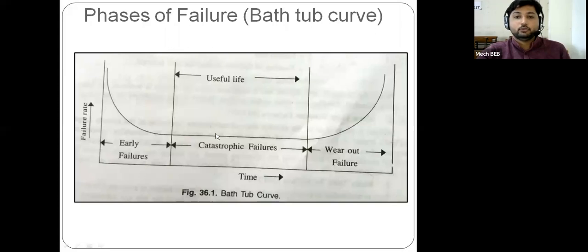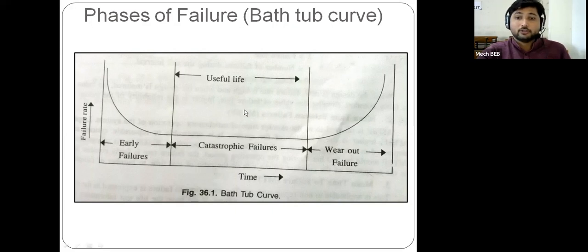During this useful life, the failure rate is very low. If the product fails during its working time period or useful life, that failure will be considered a catastrophic failure.